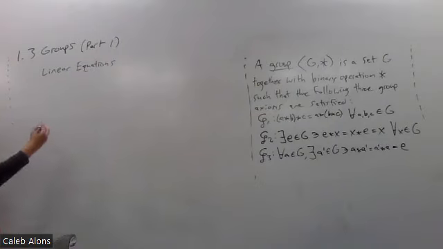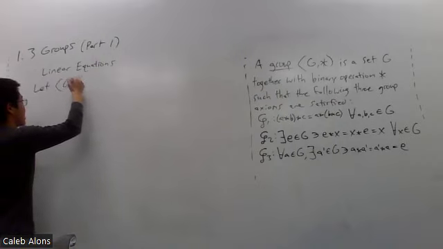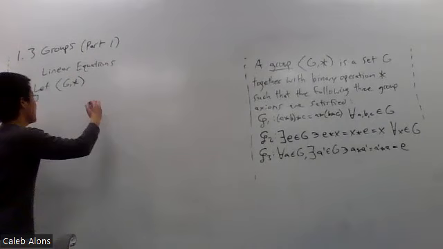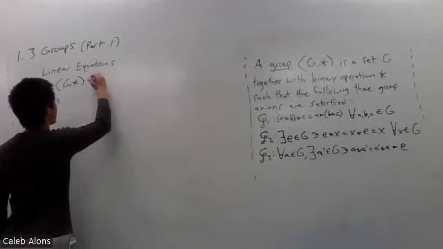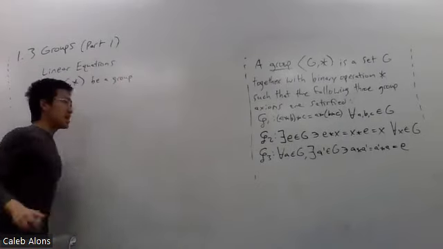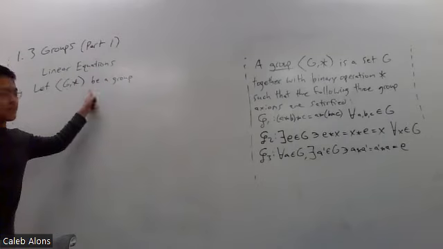Okay, so if I want to solve a linear equation, generally speaking, we need to be in a group, otherwise we don't really have anything to talk about. So again, I'm giving myself ingredients. I'm telling you exactly what I'm interacting with, so there is no ambiguity. That's always the key. Let this be a group. Your textbook will start just using the letter G by itself without the full notation. That's okay.